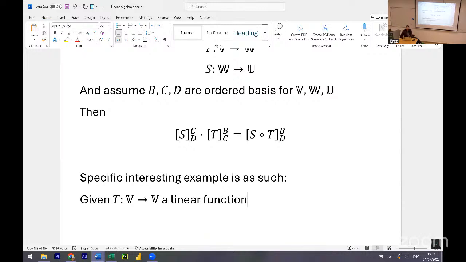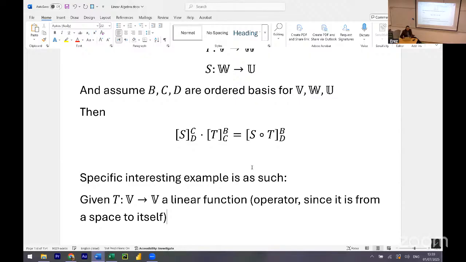It will be called in linear algebra 2 an operator, since it is from a space to itself.